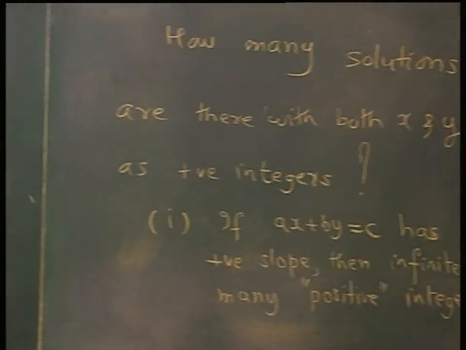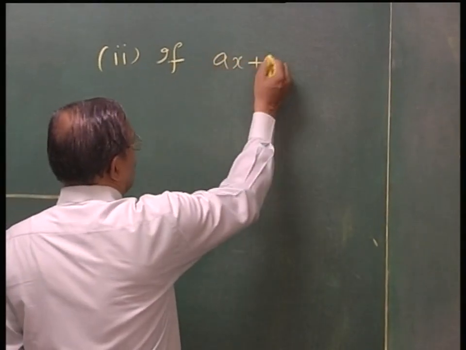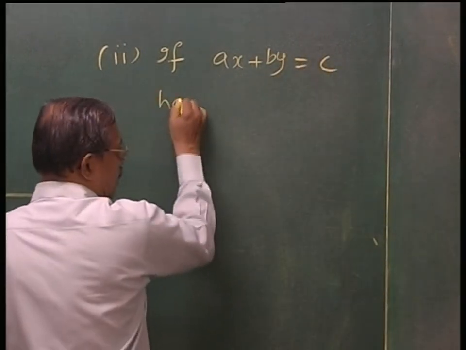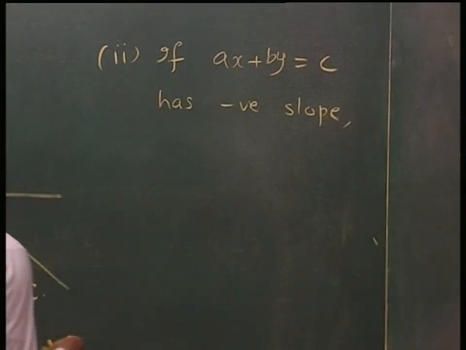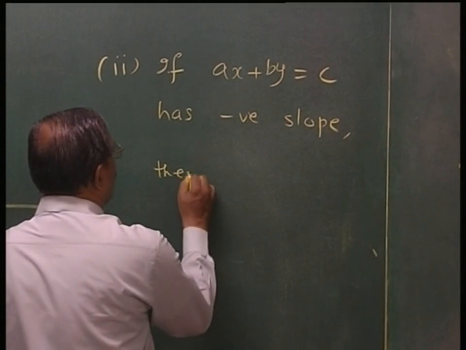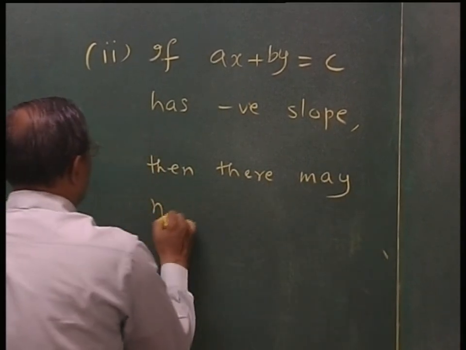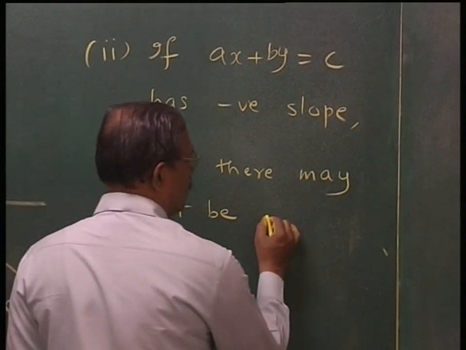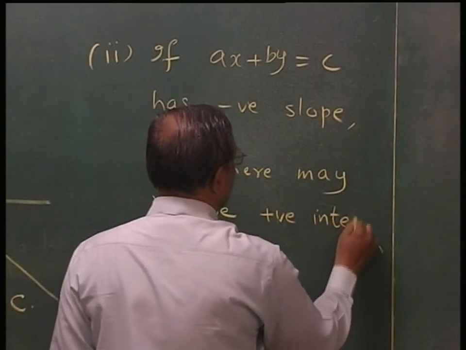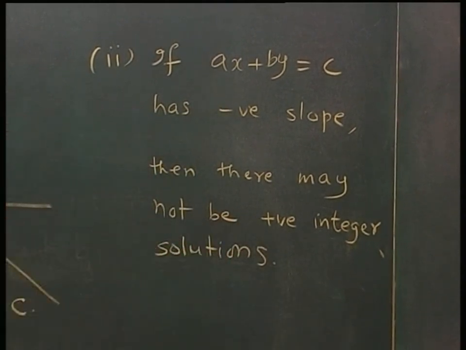If ax plus by equal to c has negative slope, then there may not be positive integer solutions, as is clear from the figures.